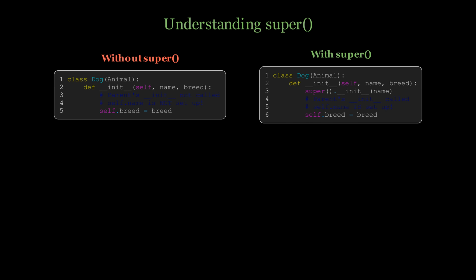With super().__init__(name), we call the parent's initialization, properly setting up name. Then we add our own breed attribute. Super ensures the parent class is properly initialized before adding child-specific features. Always call super().__init__ in your child class constructor.